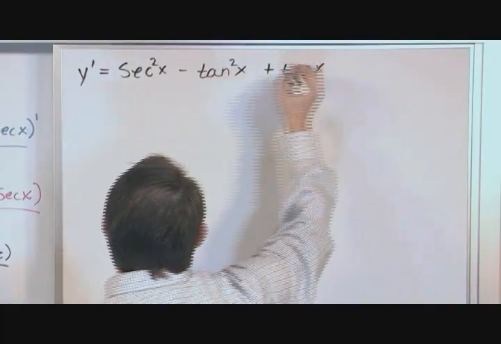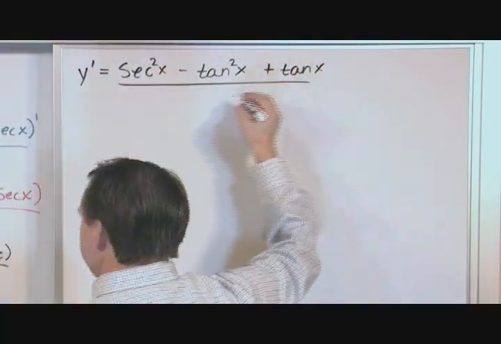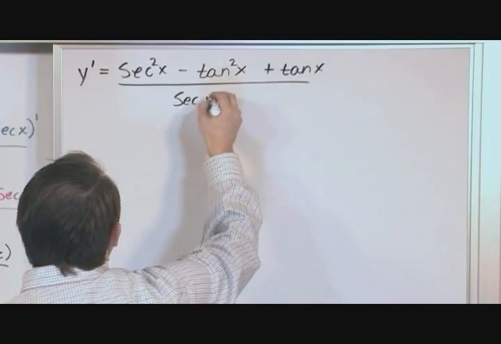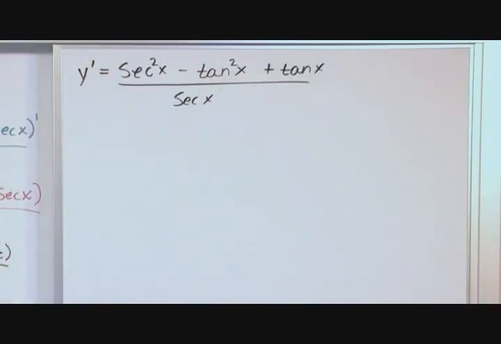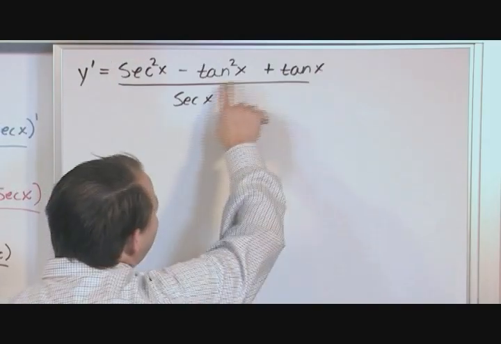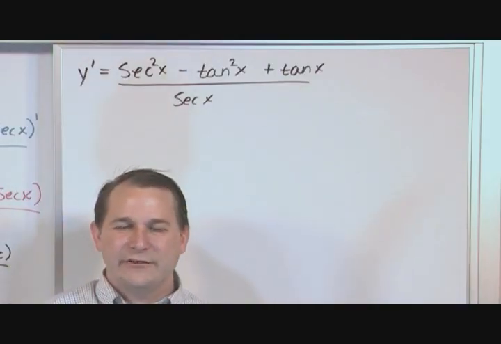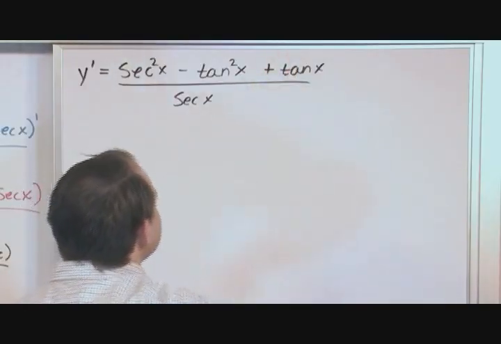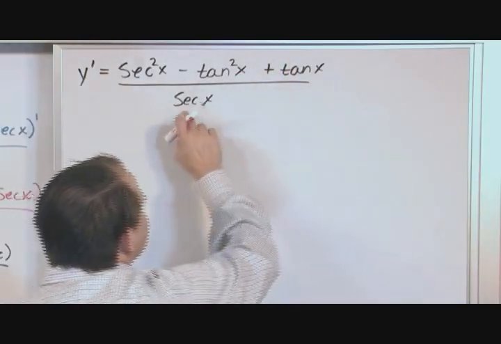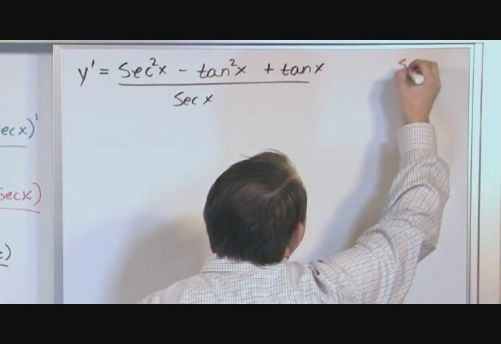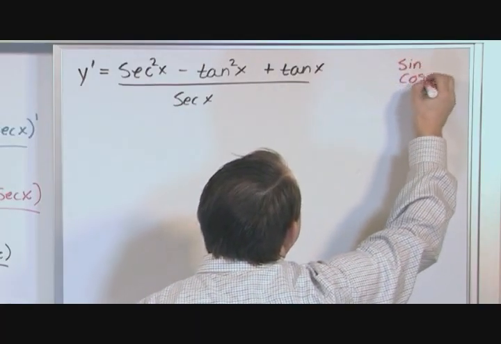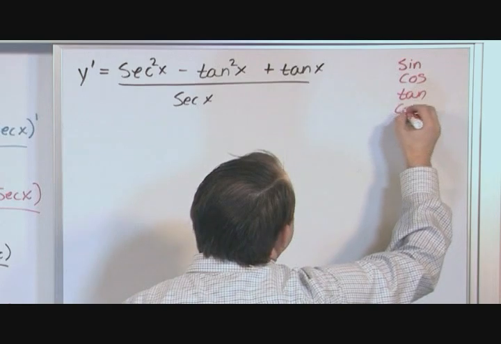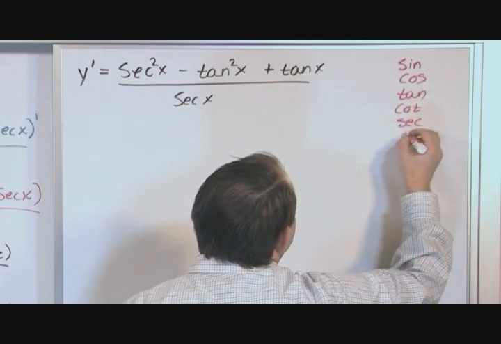Tangent x. I honestly think that if you would leave the answer in that form, that's fine. But this is exactly what we had from the last step, so there's really nothing new here. But when you look at a bunch of tangents, you can almost always rewrite it as sine over cosine and get something simpler. Also, notice that on the bottom I have a secant. So remember, it's the rainbow: sine, cosine, tangent, cotangent, secant, cosecant.